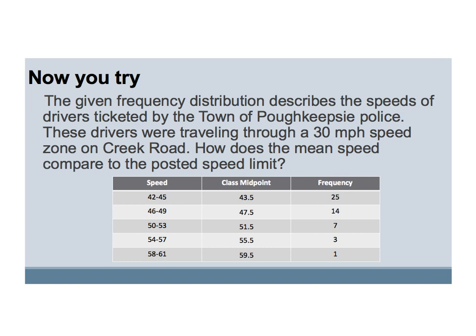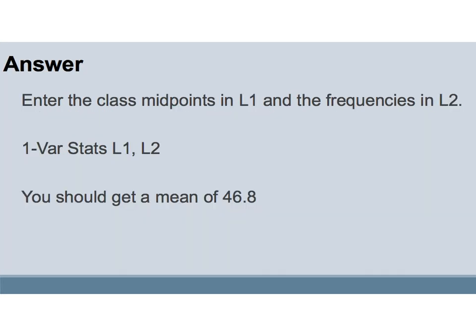If we look back at the problem, the speed limit was supposed to be 30 miles per hour. So how does the mean speed compare to the posted speed limit? Okay? So when you put those in and do 1 var stats L1, comma, L2, you should get a mean of 46.8.